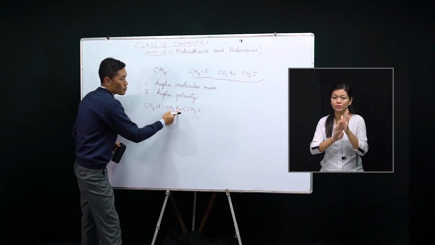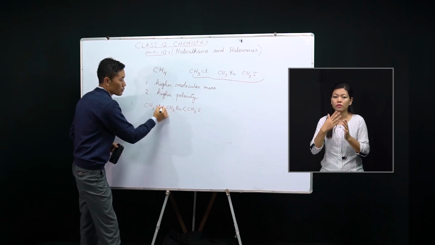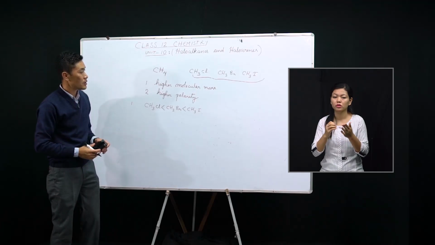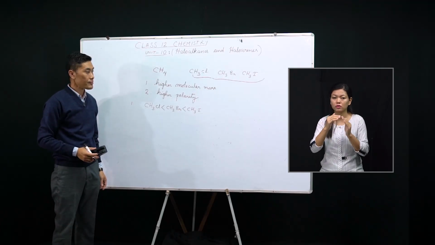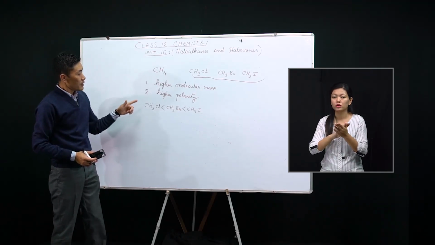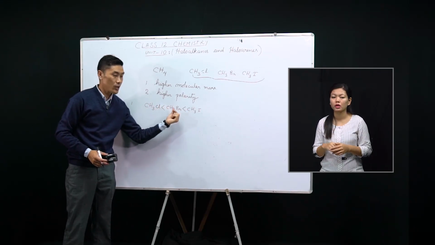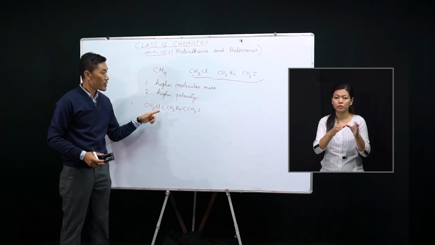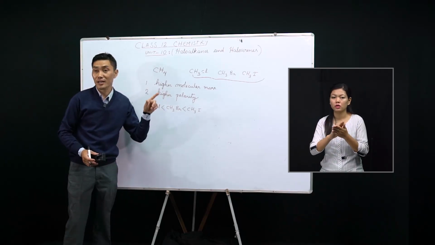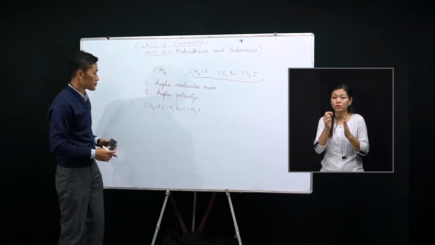Then comes bromomethane, and then chloromethane will have the lowest boiling point. Once again, if we have the same alkyl group but different halogen atoms, the boiling point increases with increase in molecular mass of the halogen.